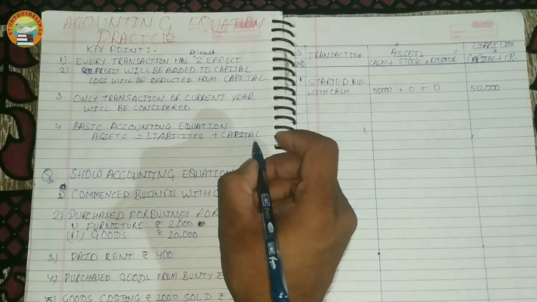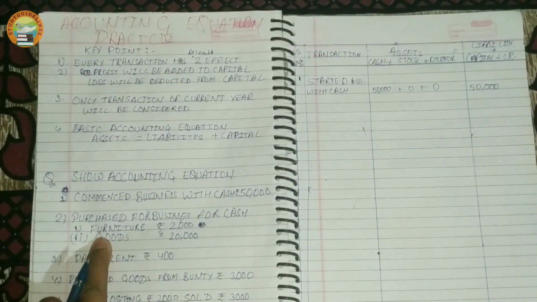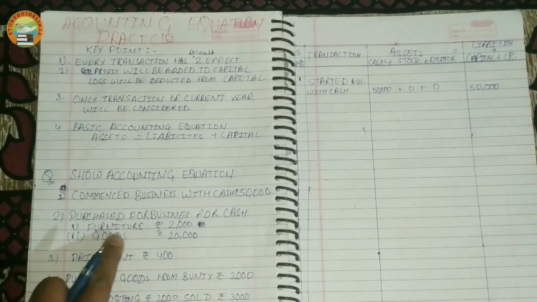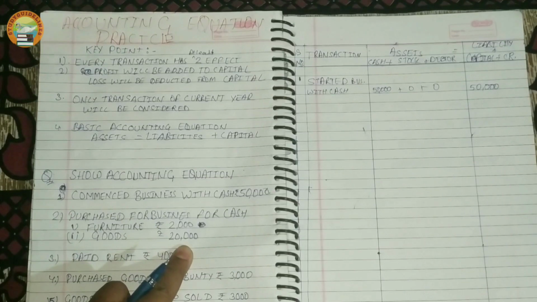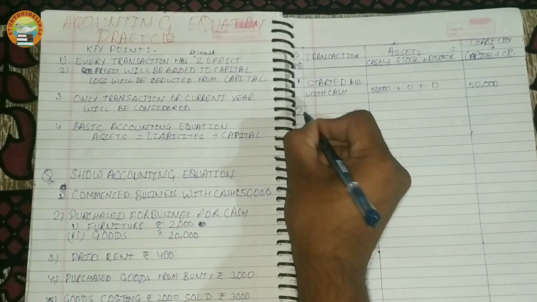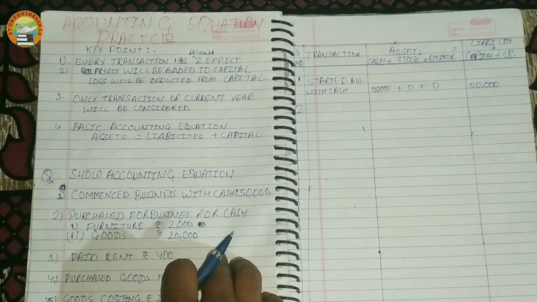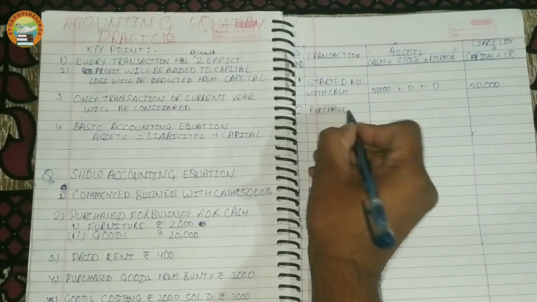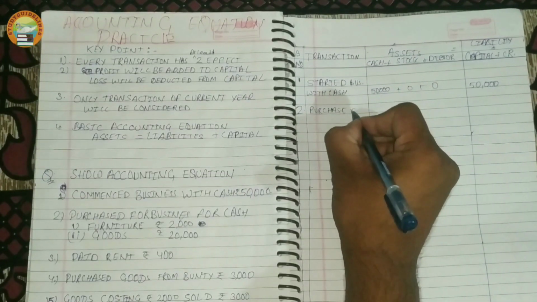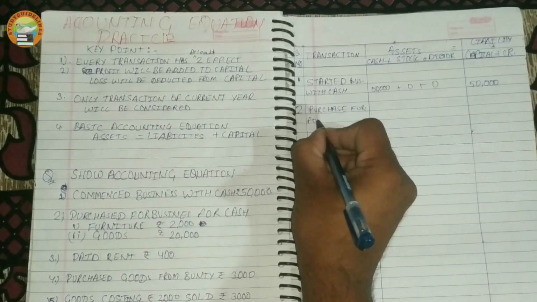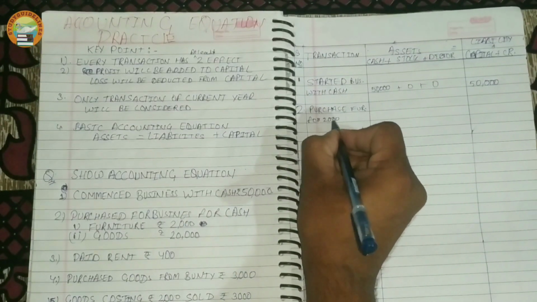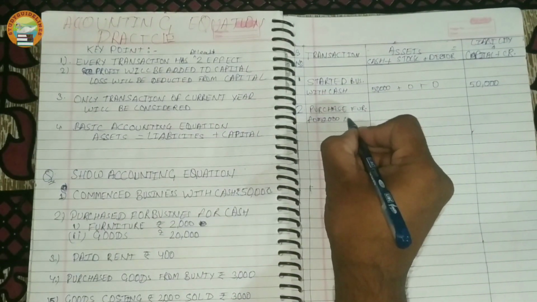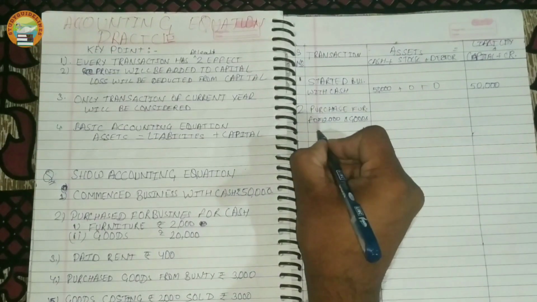Next is: purchased for business, for cash, furniture 2,000 and goods 20,000. So they are using it for the business. Furniture for 2,000, this is called narration, and goods for 20,000.